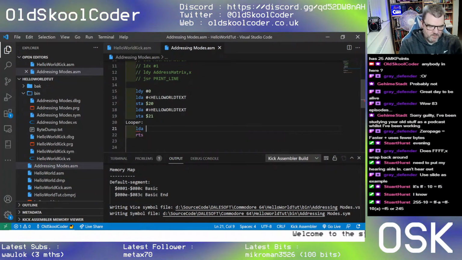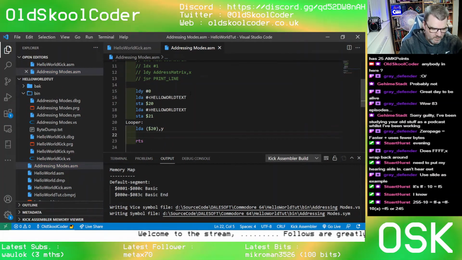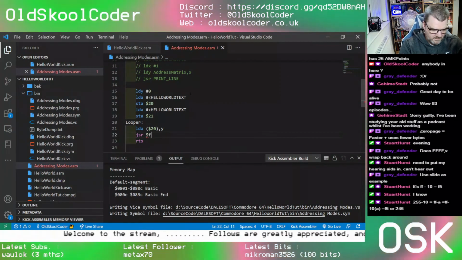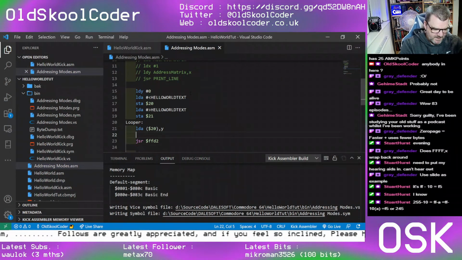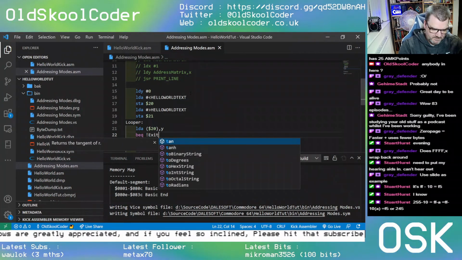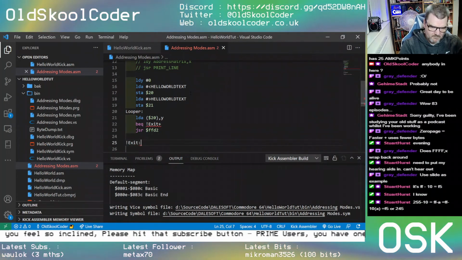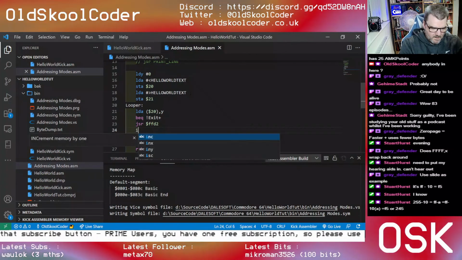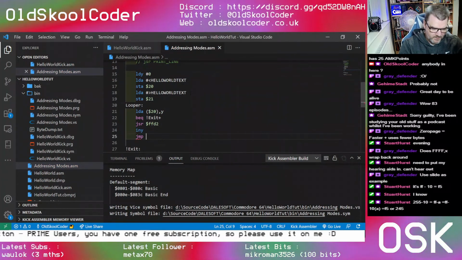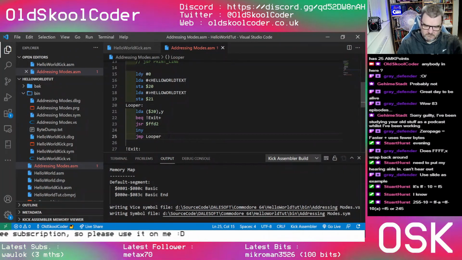Then we're going to load that, and we're going to JSR $FFD2. First, we're going to say branch if equal to exit. INY, jump looper. Oh no, we don't need that.